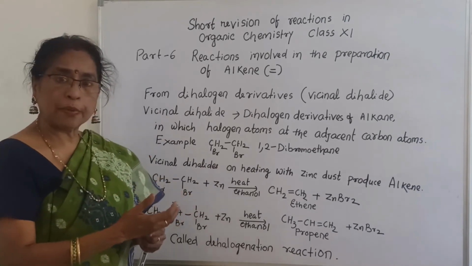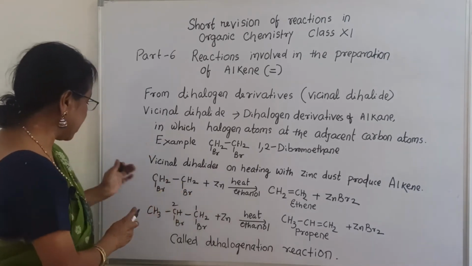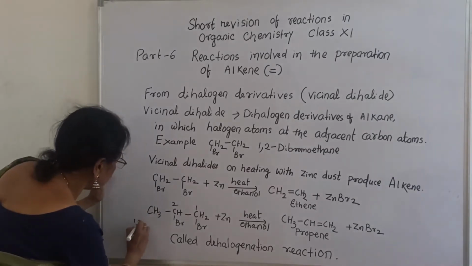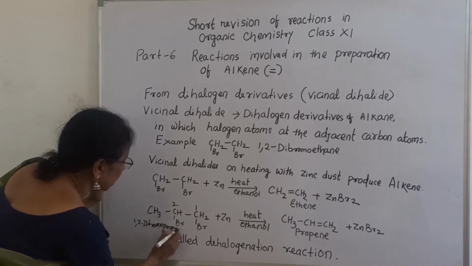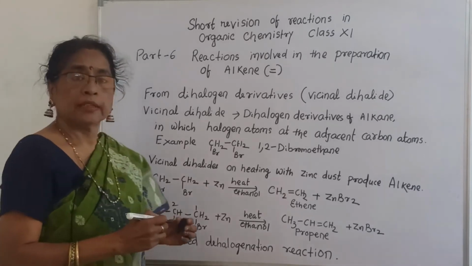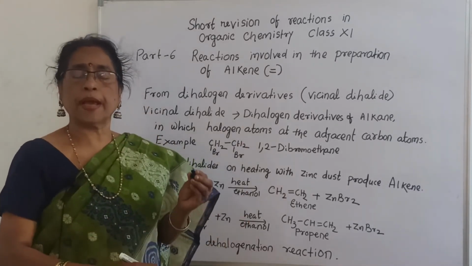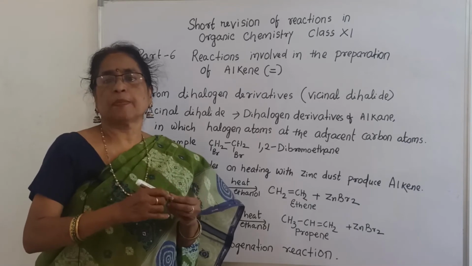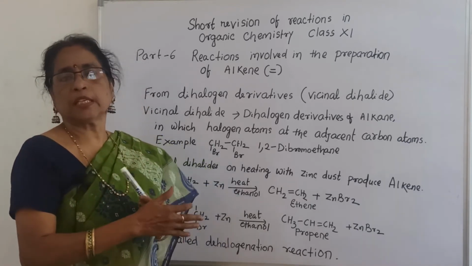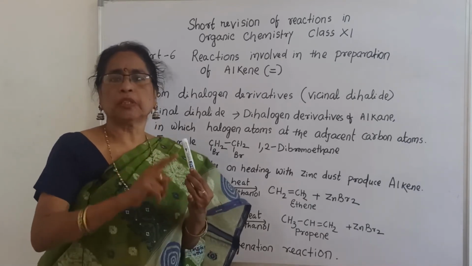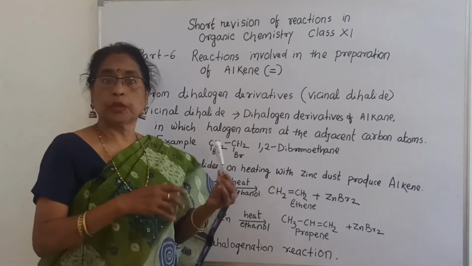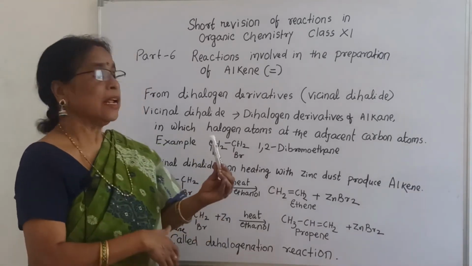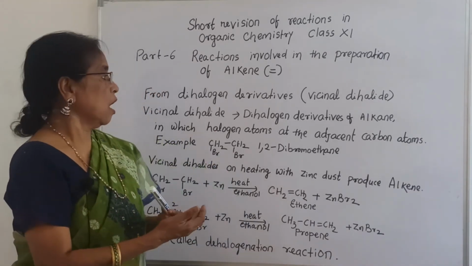So what is the byproduct? That is zinc bromide. You can write here 1,2-dibromopropane, because the parent hydrocarbon is propane, and here positions 1 and 2 are replaced by halogen, that is bromine. So what is the name? 1,2-dibromopropane. I hope it is clear what is meant by vicinal dihalide and adjacent carbon atoms.